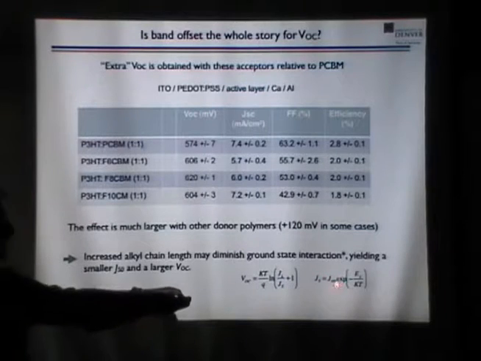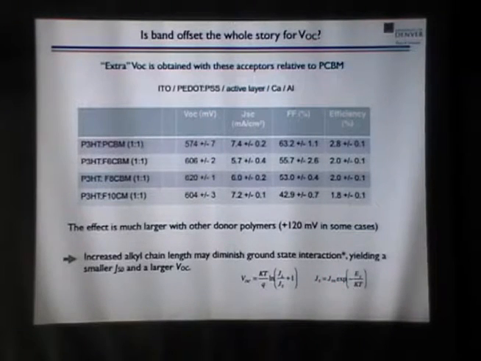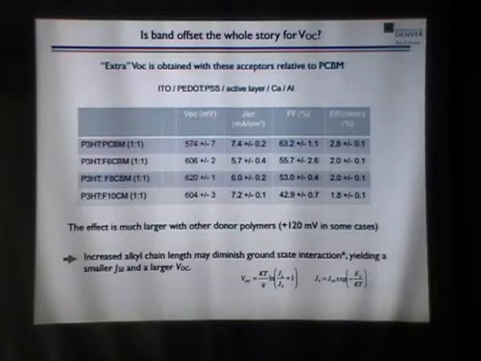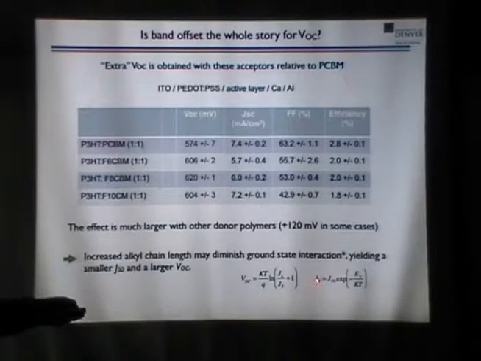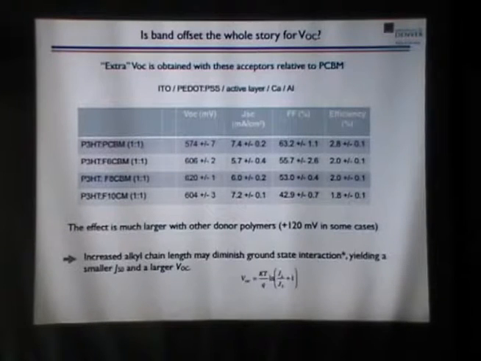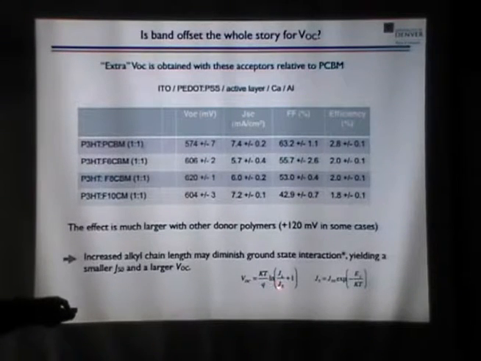So this Js naught is the saturation current, and when you decrease the interaction between donor and acceptor, it is hypothesized that Js naught also decreases. So we're decreasing the dark current in the device. And when Js naught is smaller, Js is smaller. If we look at the equation for the voltage, the Js is on the bottom.